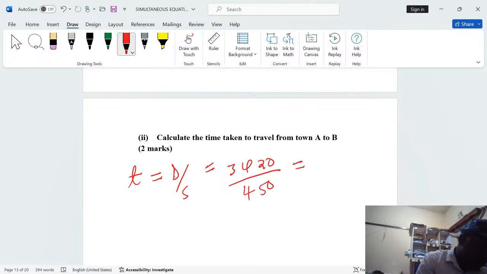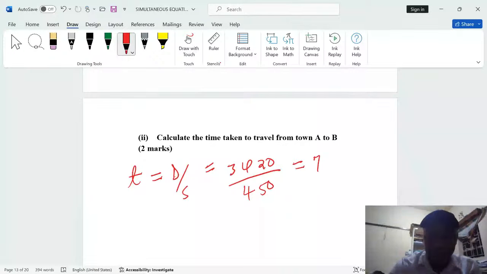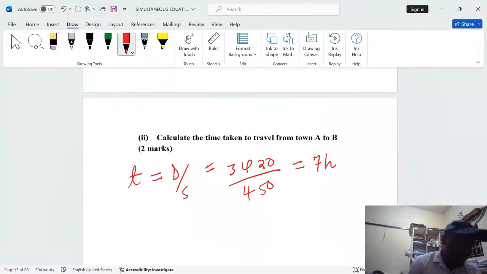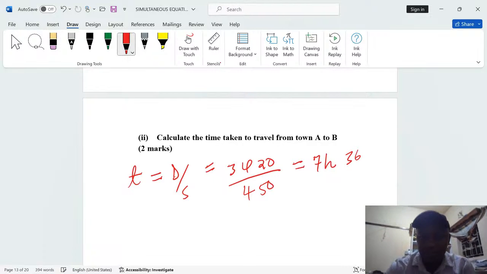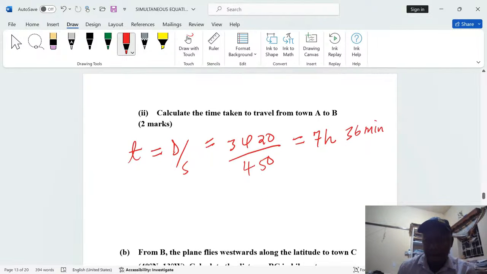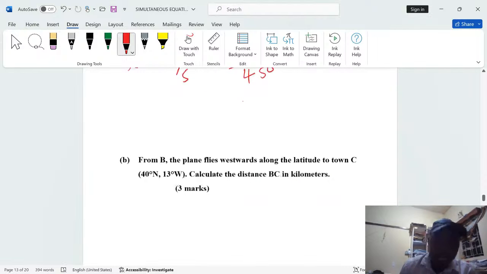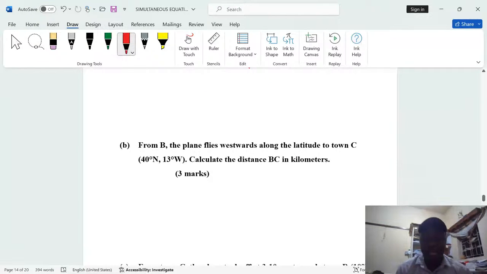When we divide by 450, we're going to get 7 hours then a 0.6, which means we subtract 7, we multiply by 6, and that will be 36 minutes. That will be the time taken, 7 hours 36 minutes.